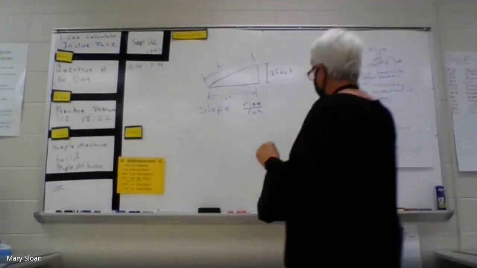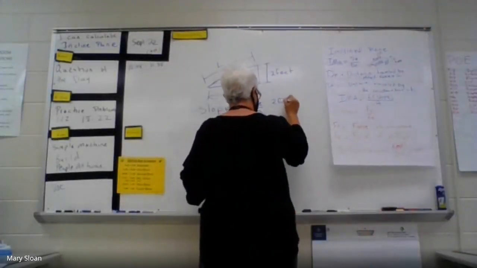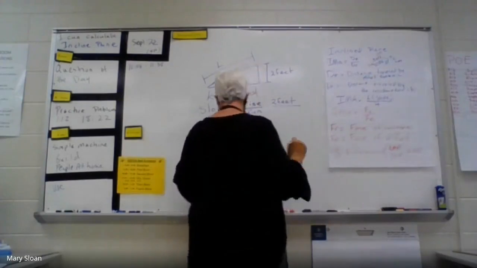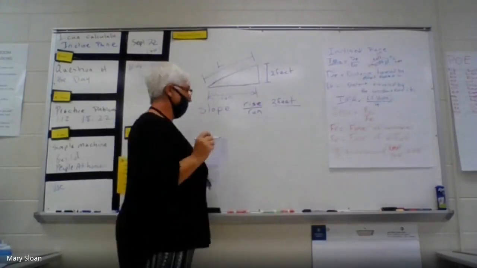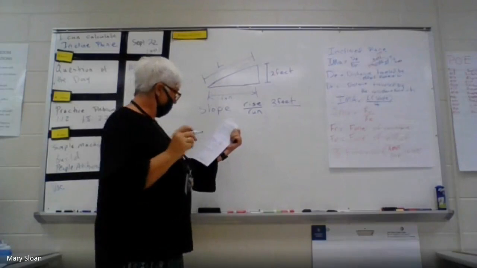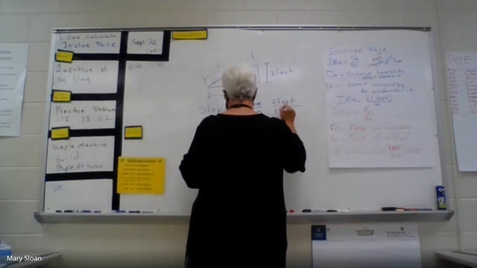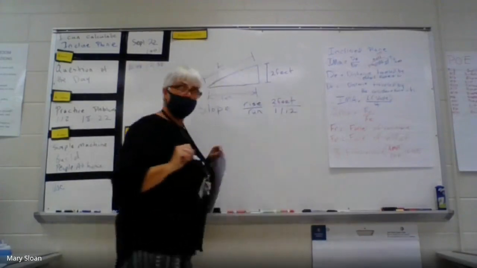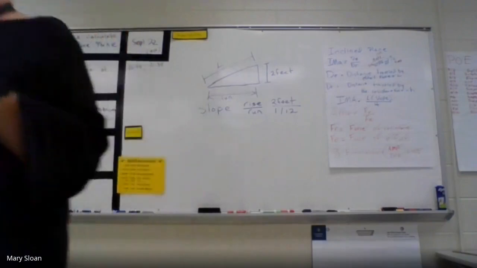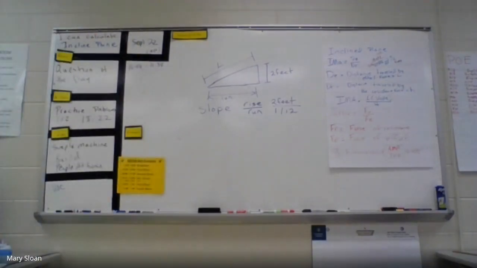What's our rise? 2 feet. What is our run? It doesn't say. What is the slope? 1 divided by 12. Correct. Put that in your calculator and tell me what you get.